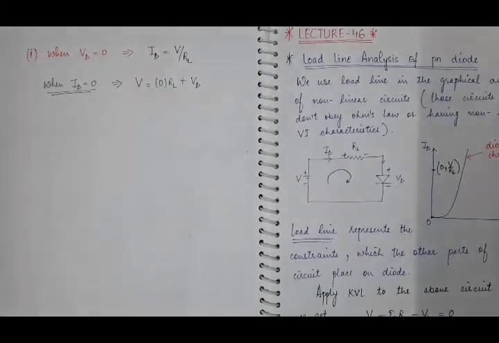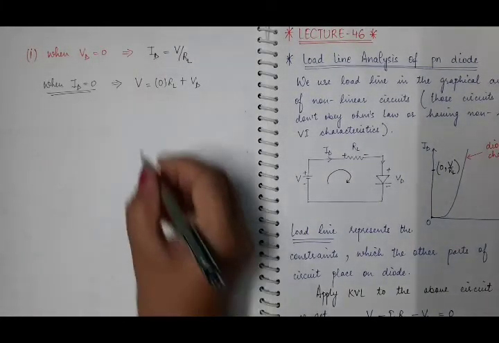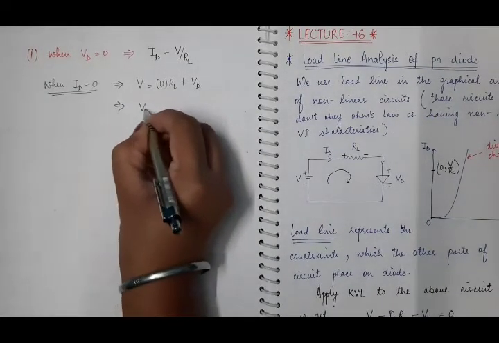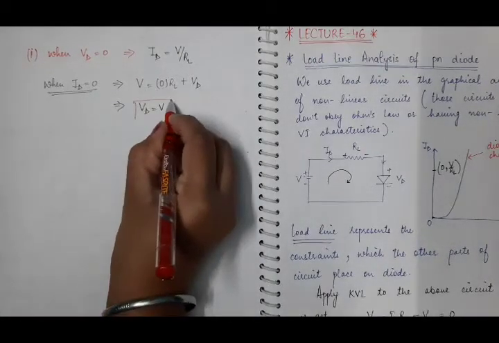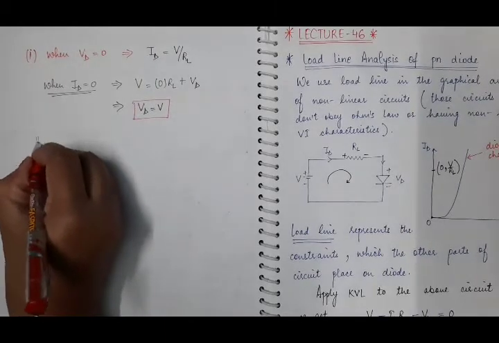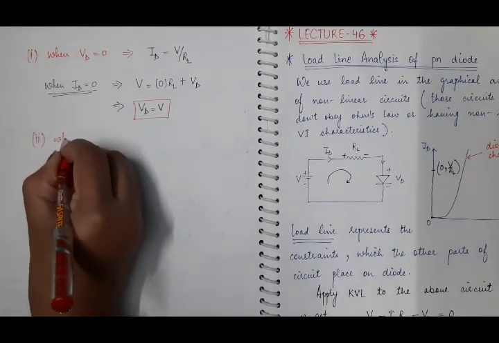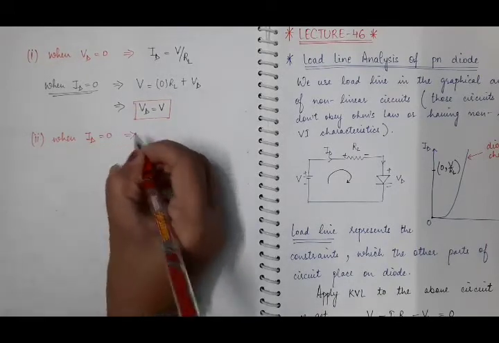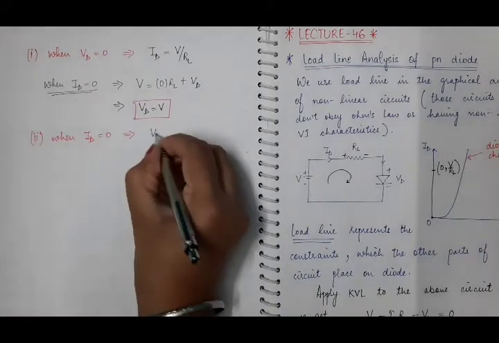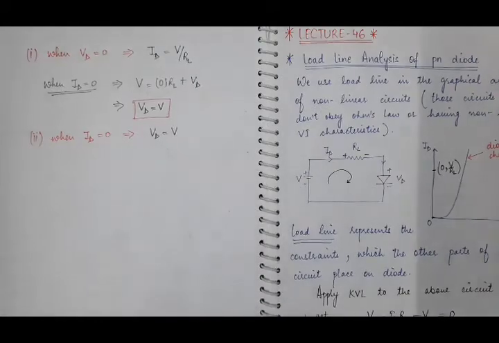So what is the value of VD corresponding to ID 0? This implies VD is equal to V. So we have our second point: when ID is equal to 0, at that time VD is equal to V.